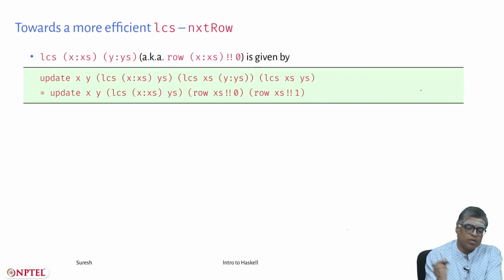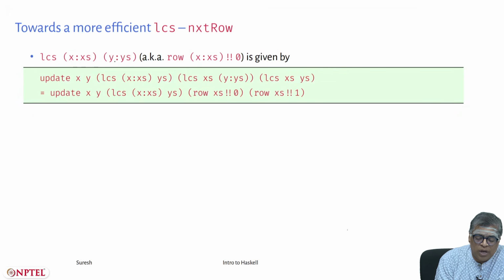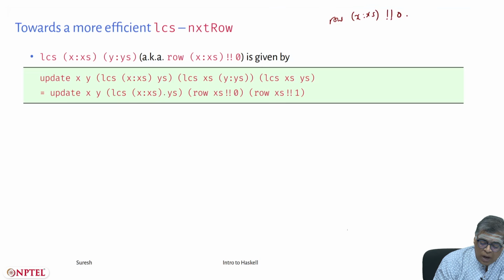Let's look at it. So LCS of x colon x's y colon y's is given by update of xy, LCS of x colon x's y's, LCS of x's y colon y's, LCS of x's y's. But LCS of x colon x's y colon y's is rho of x colon x's at 0, and LCS of x colon x's y's, we will come to that in a minute.